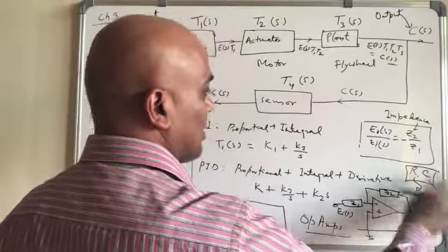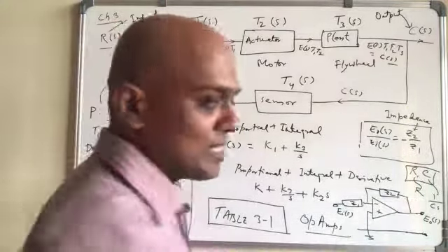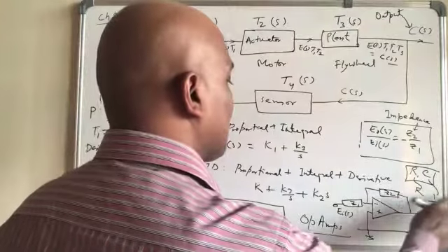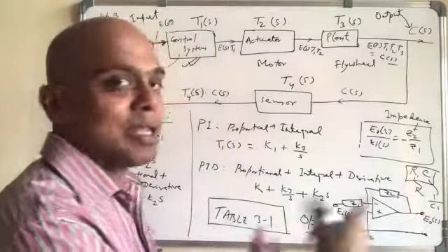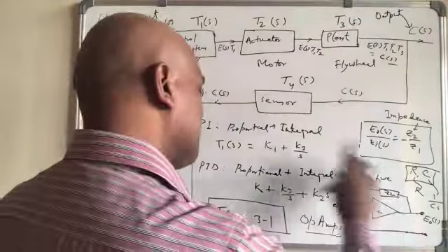That will be the equivalent impedance. If in series, then you have R plus 1 over CS. If parallel, you accordingly do it, and this works like that.